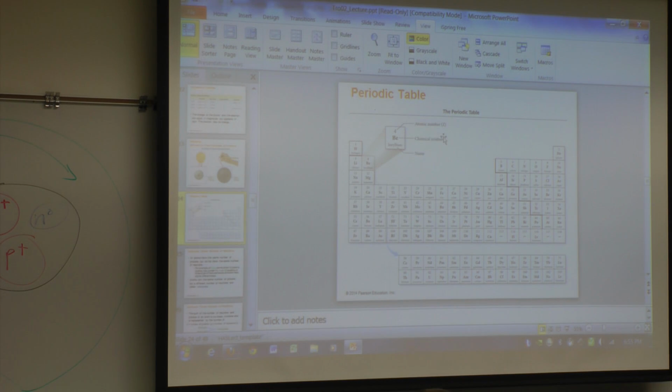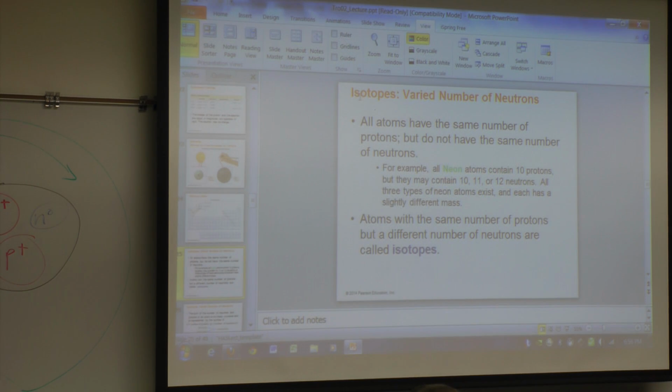You have the chemical symbol and the name. And then as we go on to the next slide, they may have different neutrons. And this is where carbon may have 6 neutrons, 6 protons, 6 electrons.